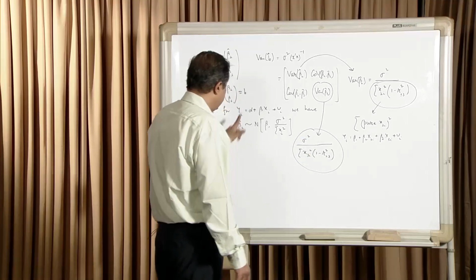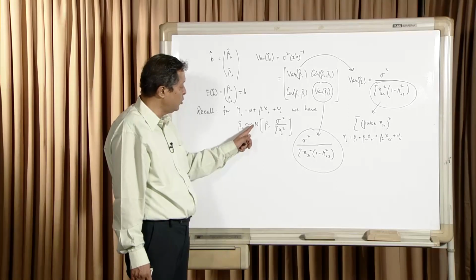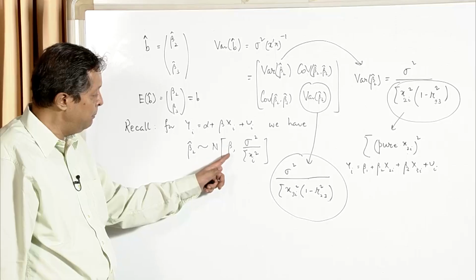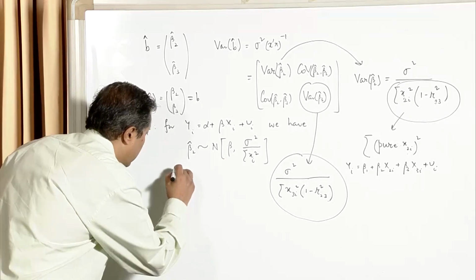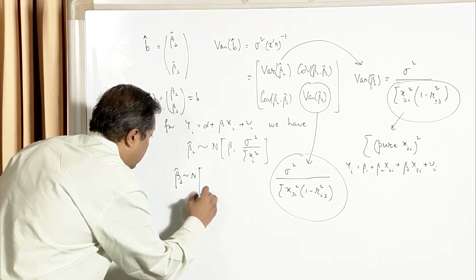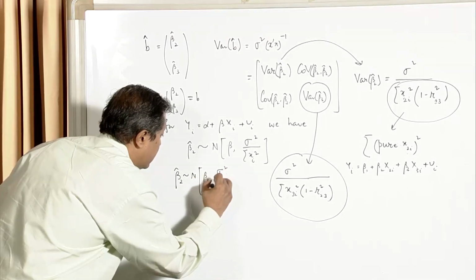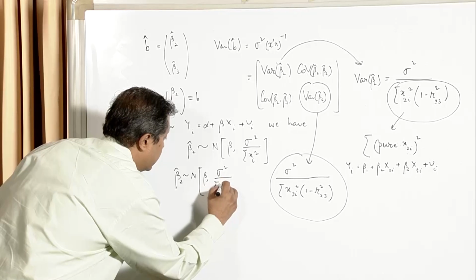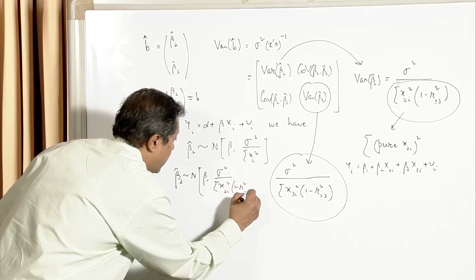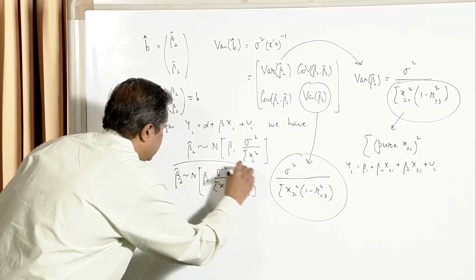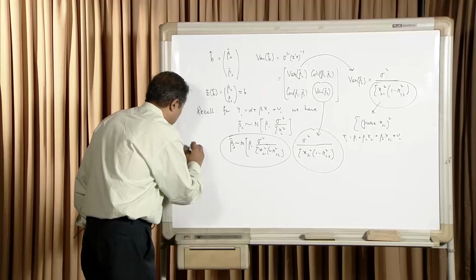If we collect these two pieces of information, we can say that beta 2 hat follows a normal distribution with mean beta, and in the three variable model, variance given by sigma square divided by summation x 2i square into 1 minus r square 2 3. So, that is the result for the three variable model.